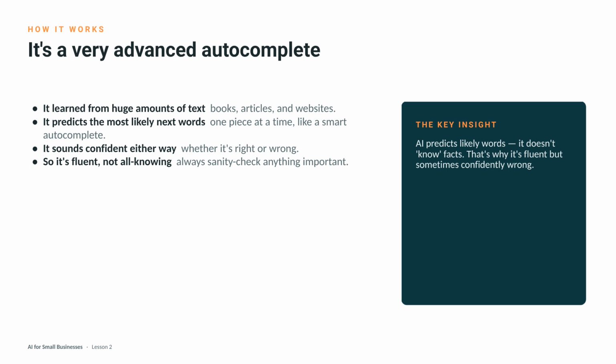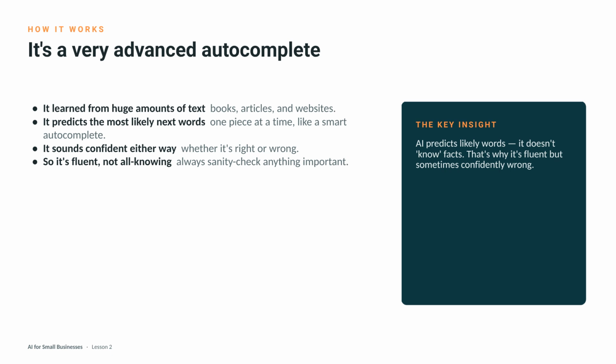Here's the single most useful thing to understand. A tool like ChatGPT works a bit like the autocomplete on your phone, just vastly more powerful. It was trained on enormous amounts of text from books, articles, and the web, and it learned the patterns of how language fits together. When you ask it something, it predicts the most likely next words, piece by piece, to form a helpful answer.